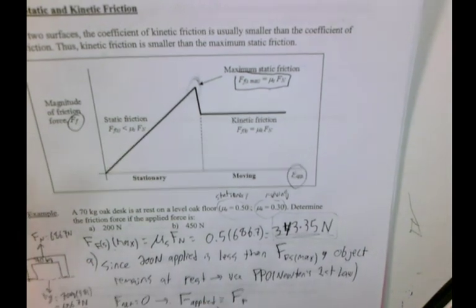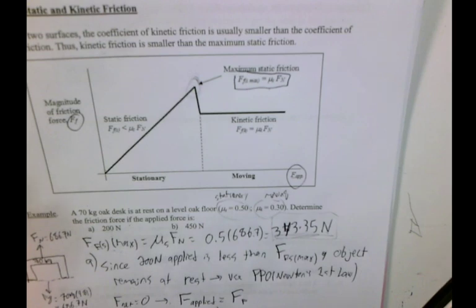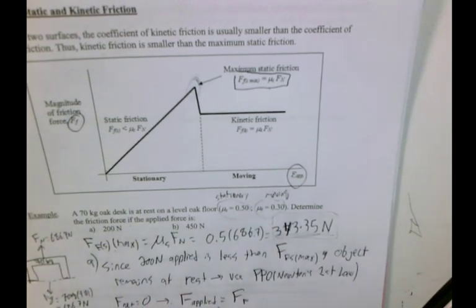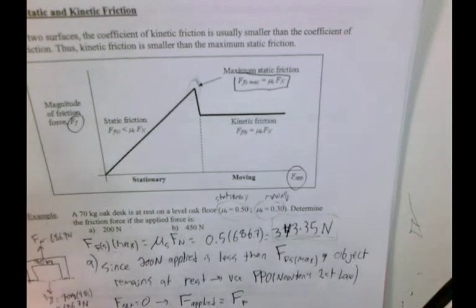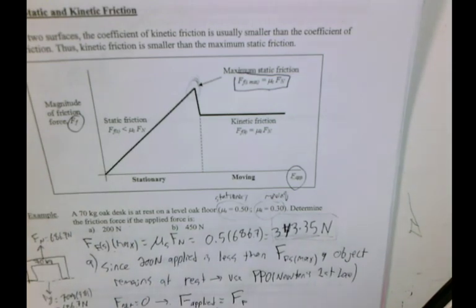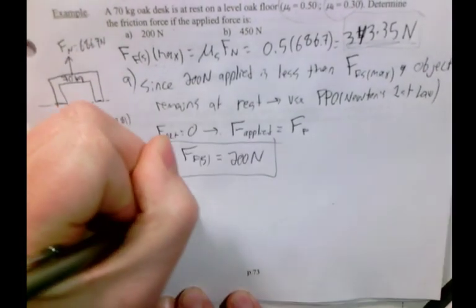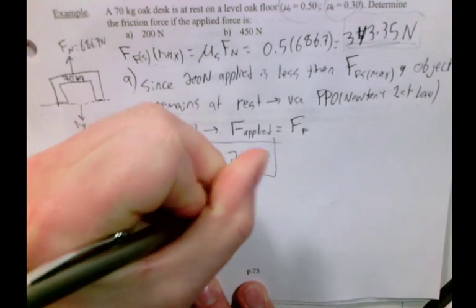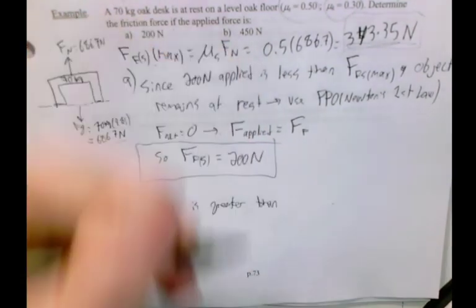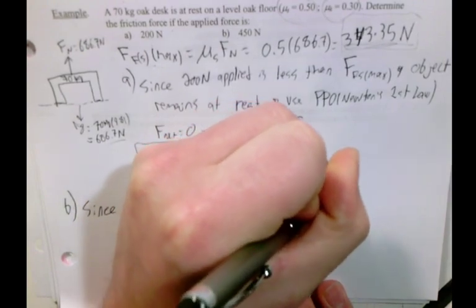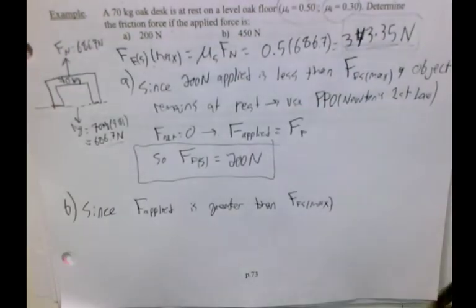Now for our second situation, we have our applied force greater than our maximum static friction. So since F applied, the force that we're pushing it with, 450 newtons, is greater than our static max, so now we're moving.